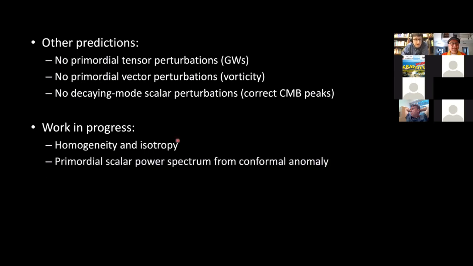A very important thing is that although we get the phase of the primordial scalar power spectrum, we already claim to explain that. The actual power spectrum we don't yet claim to explain, although we're working on a paper about that, so I hope we will.